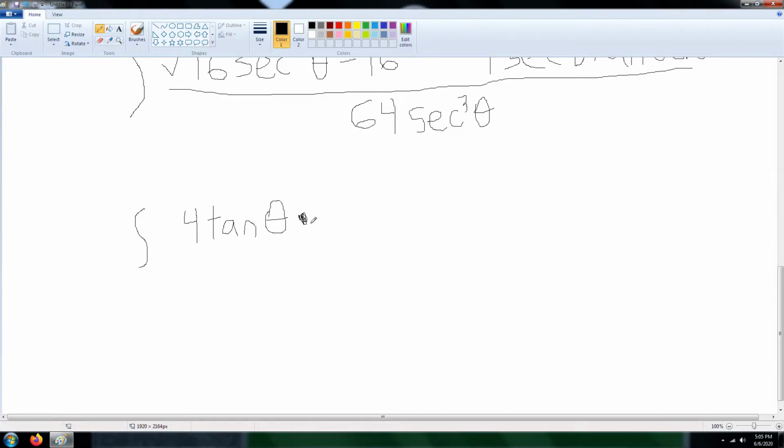Now keep in mind that in this situation, I'm using the x, but you can also use the dot as a substitute for the multiplication sign because it's the same thing.